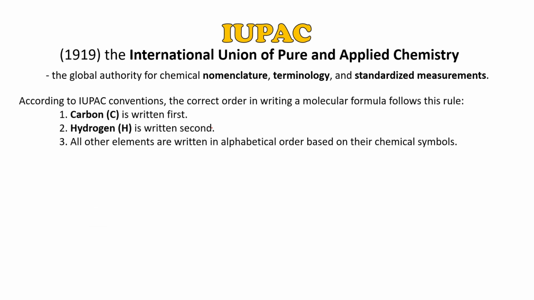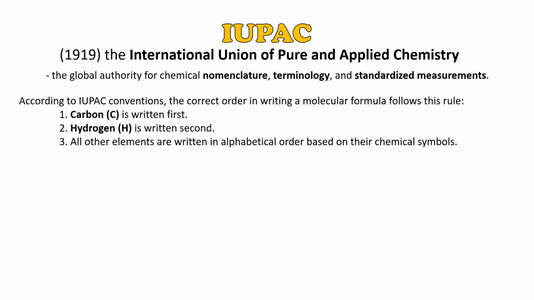Now, aside from that, according to IUPAC, the conventions that we need to follow is if ever your molecule has a carbon, carbon should always be written first. If there is a carbon in your compound, carbon should be written first.